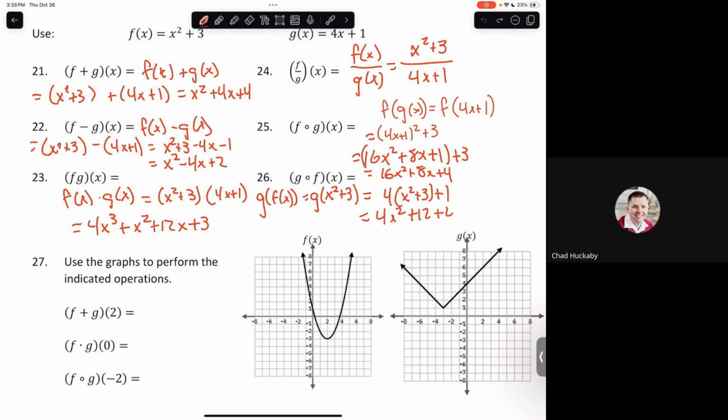Oh, no. You don't distribute that 4. I thought I saw the parentheses there. This is your answer: 4 times x squared and 4 times 3. And then the 1 is just a separate term. So 4x squared plus 12 plus 1, which is 4x squared plus 13. There we go.